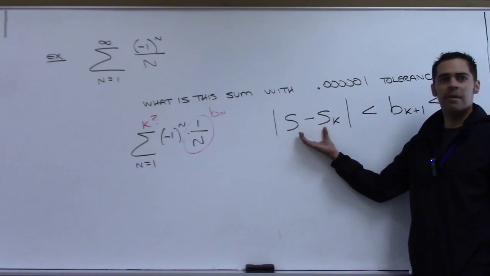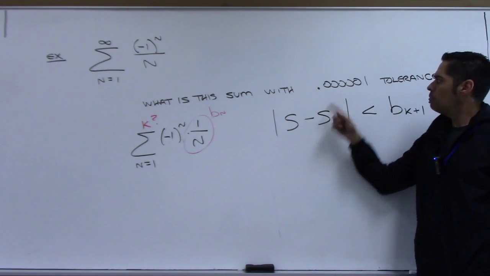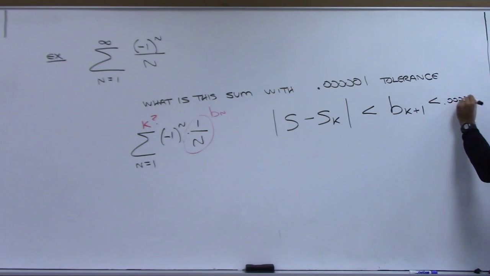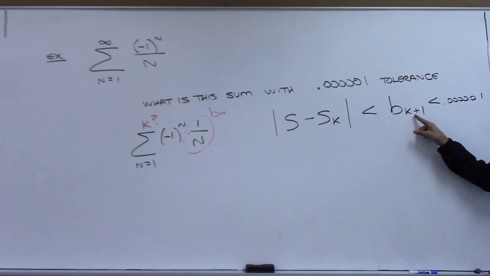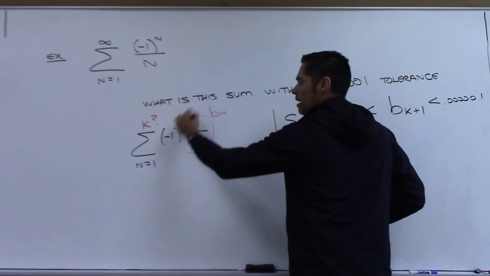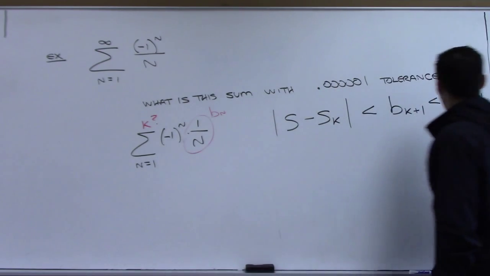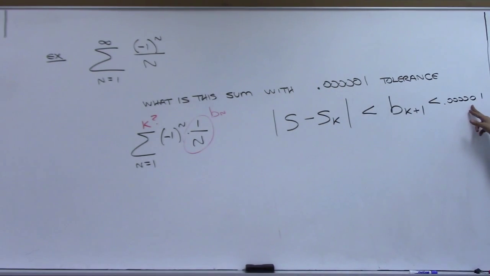How close do we want to be? 1/1,000,000th. 5 zeros and 1, right? Understand? So you give me a k that when I plug it into b sub n right here, it's smaller than 1/1,000,000th.